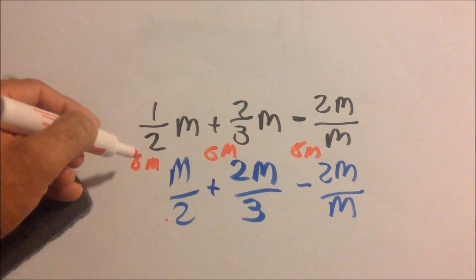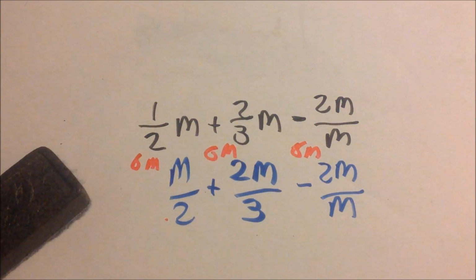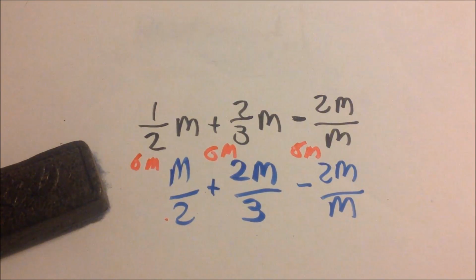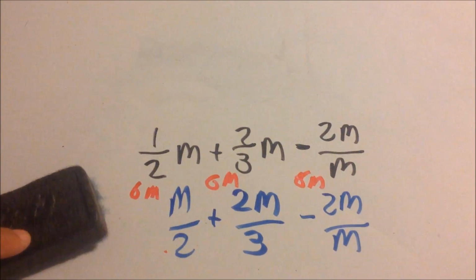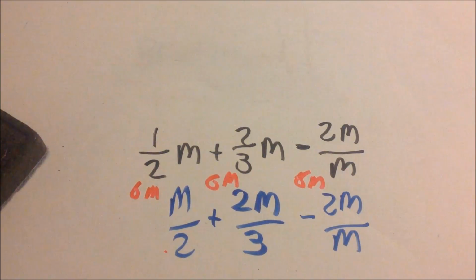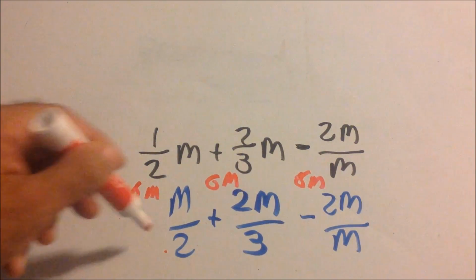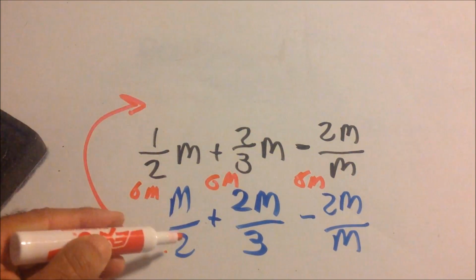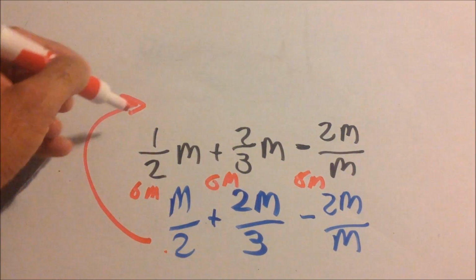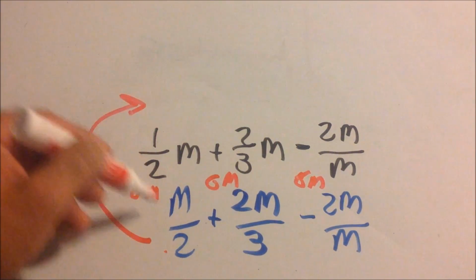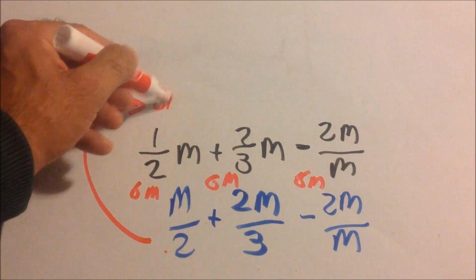So 2 goes into 6m 3m times. So let's rewrite this. I'll bring this down a little more. I'll use a red pen up here. So 2 goes into 6m 3m times, and 3m times m is 3m squared.